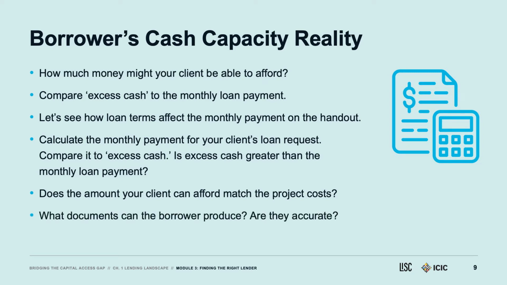And again, all this cash capacity is going to have to be documented in some way. What documents does your client have? What quality are they? Are they accurate? How many years back do they go? All of this will impact how much money they can qualify for, because their cash capacity is documented through all these documents we're going to talk about through this entire series.